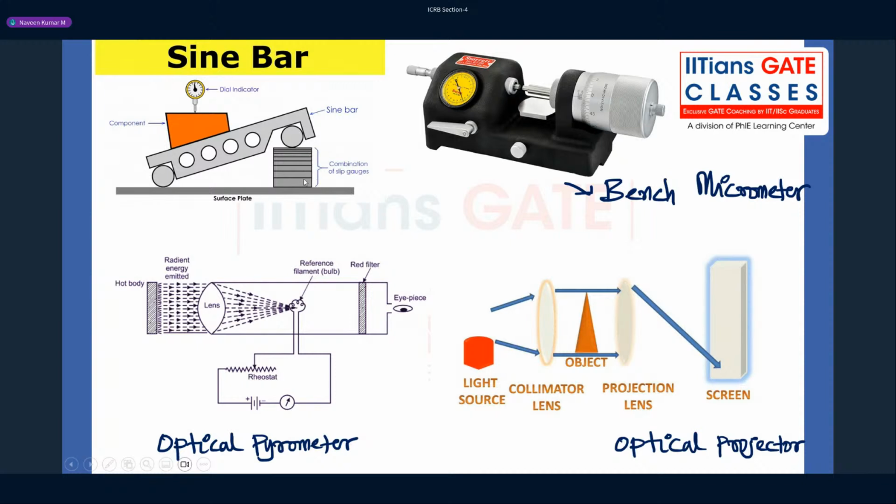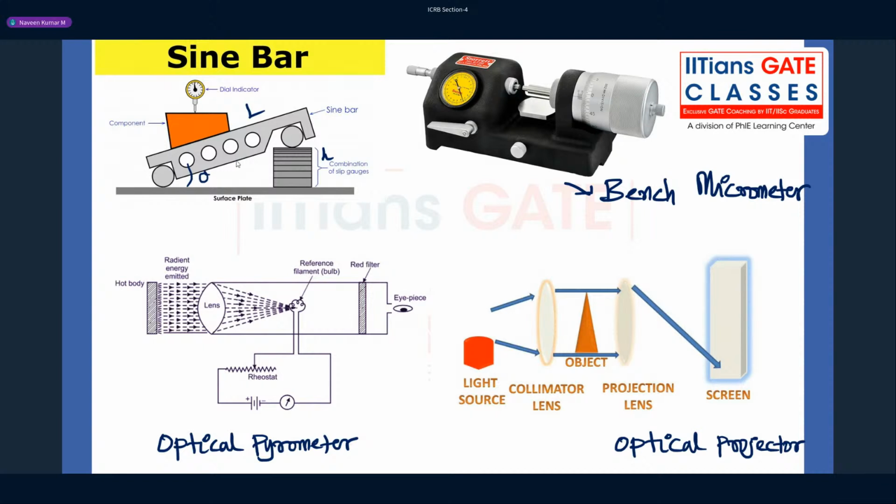By using the slip gauges, this height is known, and the length L of the sine bar is already there, and then you can find this theta.